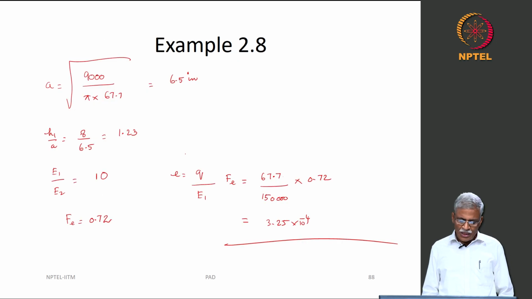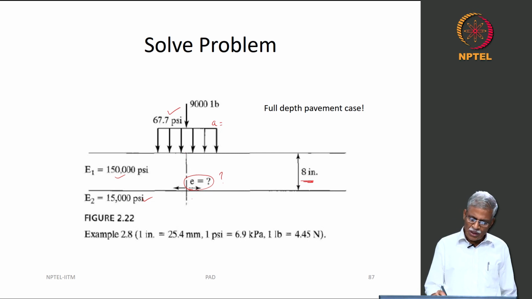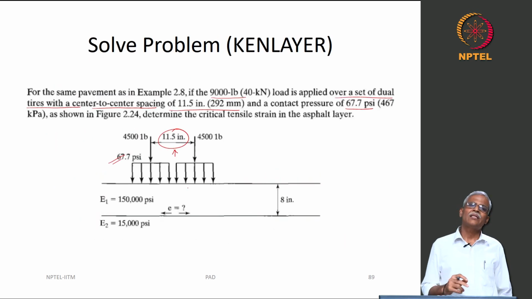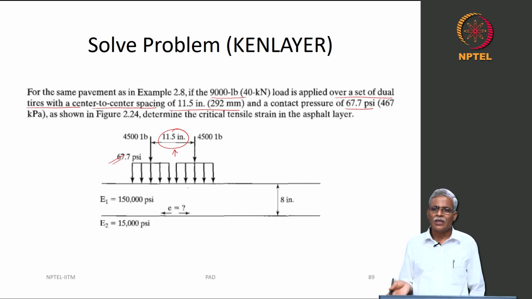What you see here is given independent of that, where we have assumed that the maximum tensile strain is exactly below the loaded area. Since this is strain and its variation is not going to be straightforward, you are going to need a lot more multiple charts here.